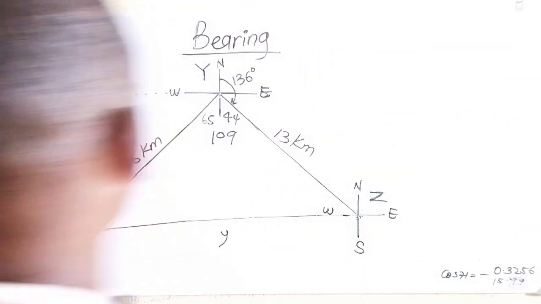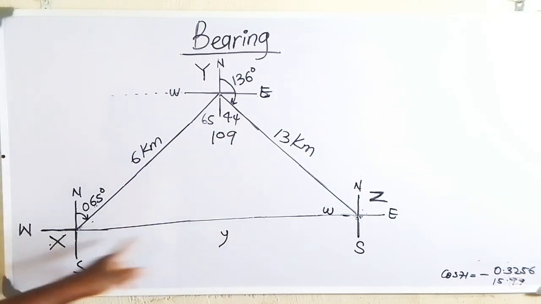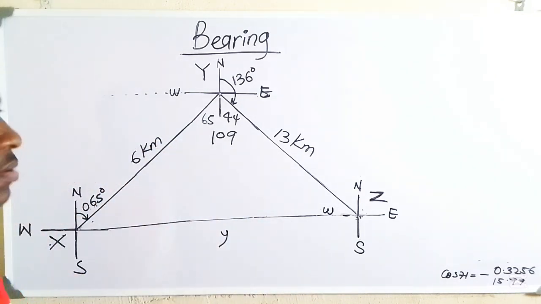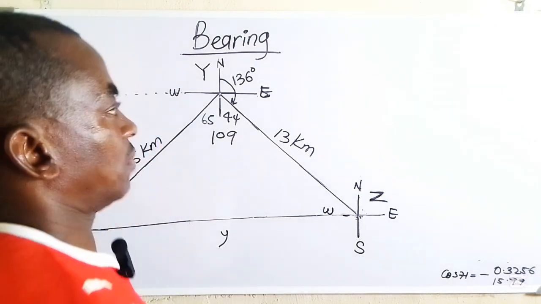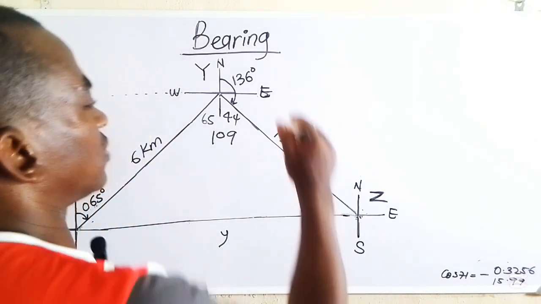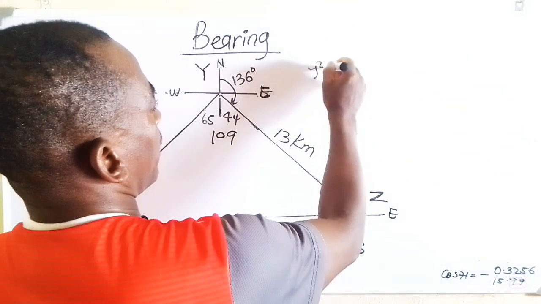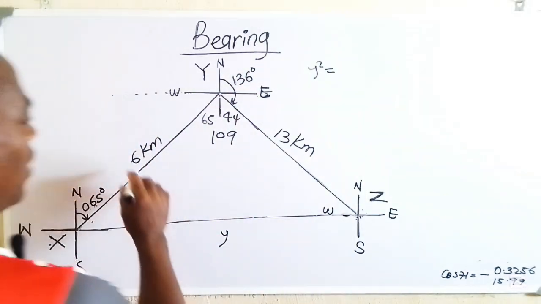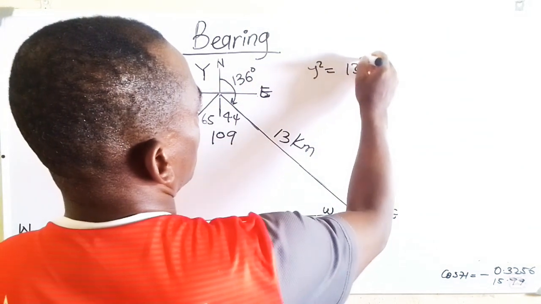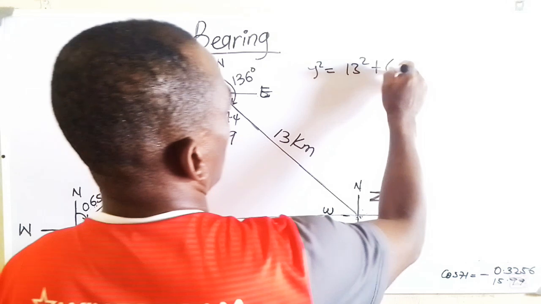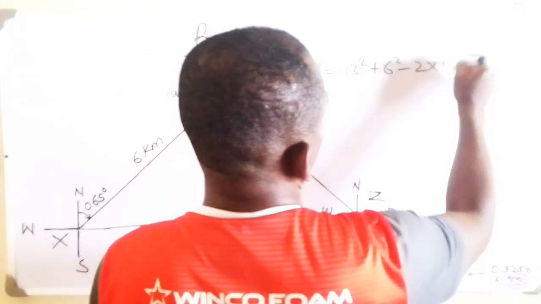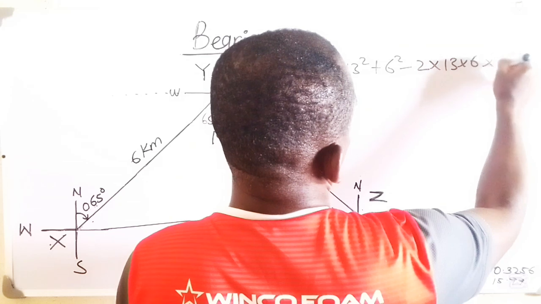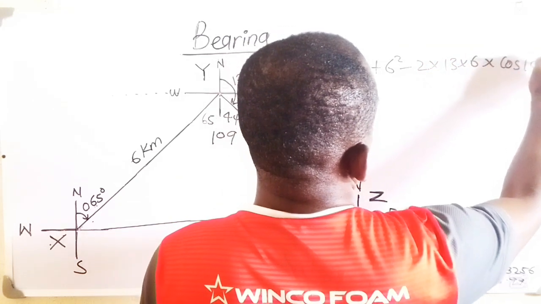Then we are asked to find this distance. Since we are given two sides and one angle, we are going to use the cosine rule, because I've treated this before. Cosine rule says y squared equals 13 squared plus 6 squared minus 2 times 13 times 6 times cos 109.